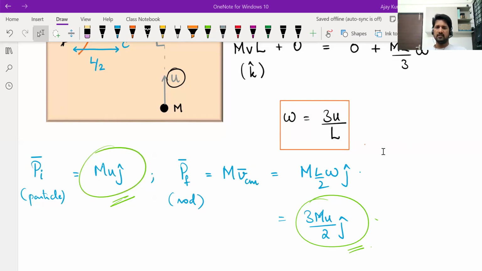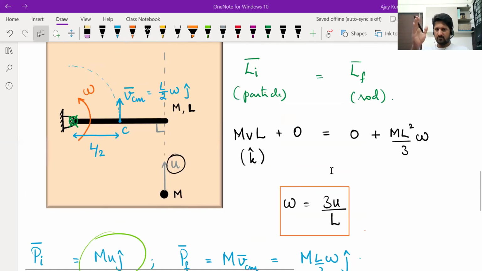Has the momentum increased or decreased? No response. Pawan, you tell me. Increased. Increased, obviously. From mu, it became 3 by 2 mu, meaning 1.5 times. From 1, it became 1.5. It has increased. That is what is interesting.